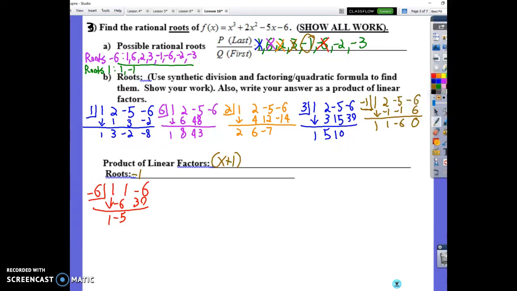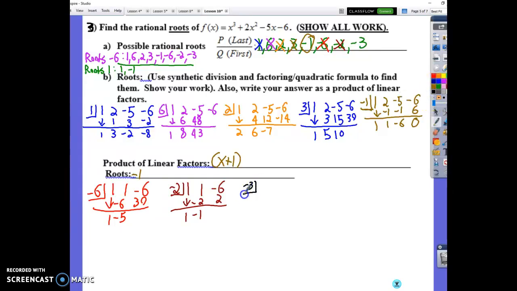So now let's try negative 2. So negative 2, 1, 1, negative 6. Bring down that 1, multiplied by negative 2 is negative 2. Add those is negative 1. Multiply by negative 2 is 2. That doesn't give us 0. So that one's not going to work. So now let's try negative 3.